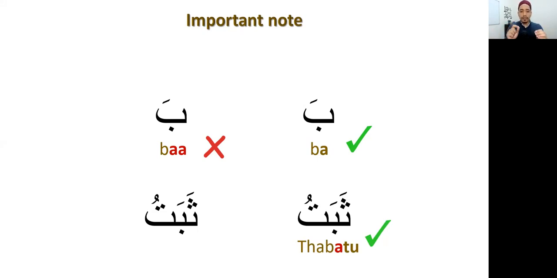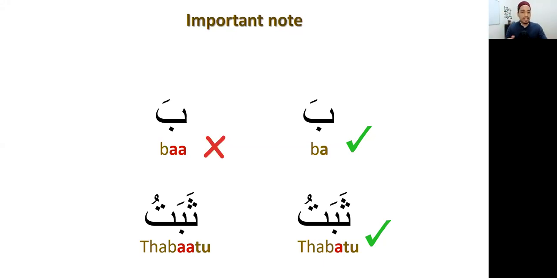Thabatu. But now watch me say it. Thabatu. Thabatu. Can you see what I did? I said tha, and then I said ba, and then tu. So I actually read it like that. Thabatu. I added an alif mad.